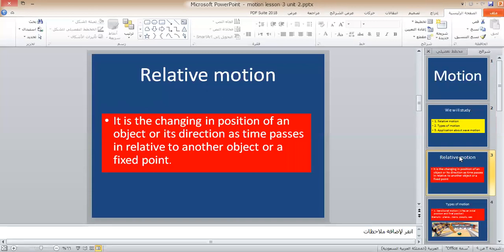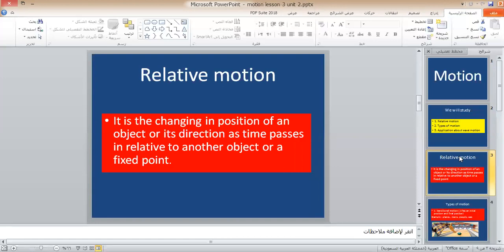Relative motion happens when an object changes from a position to a position according to the observer. What does it mean, the observer?